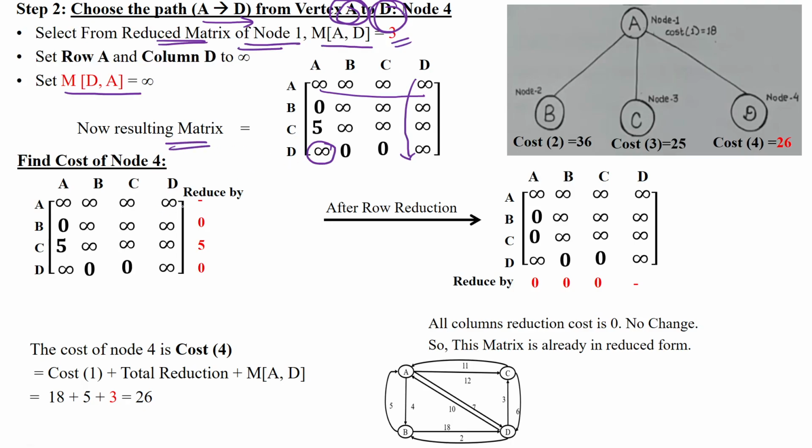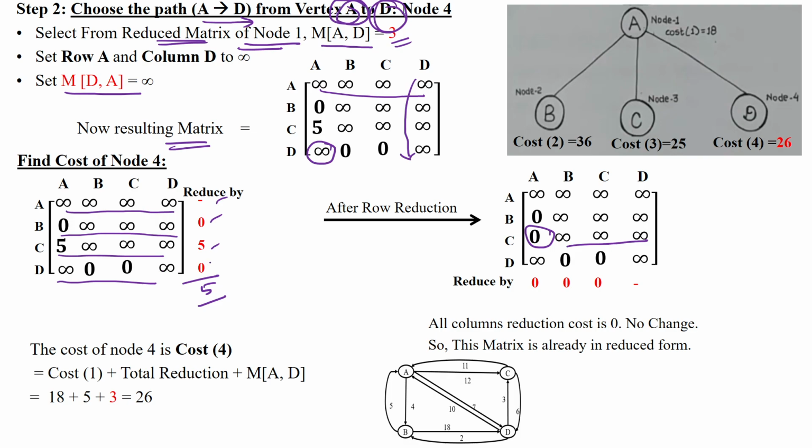For this resulted matrix, apply the total reduction: row reduction and column reduction. For row reduction, we select the minimum element: here 0, here 5, here 0. So row reduction is 5, and perform the subtraction. In these two rows nothing will change. Here 5 minus 5 becomes 0, remaining all are infinity, nothing changed.